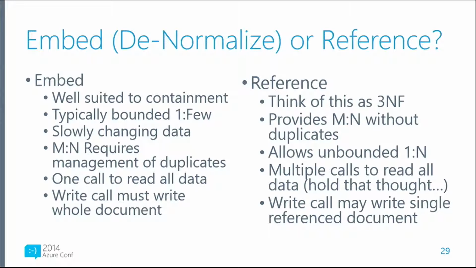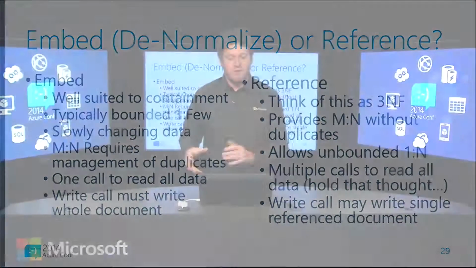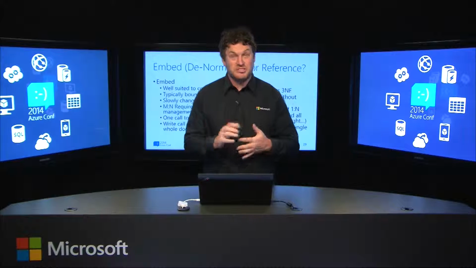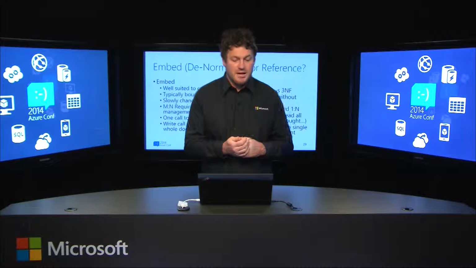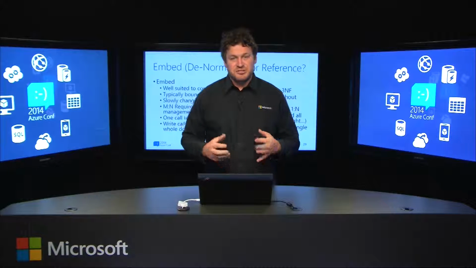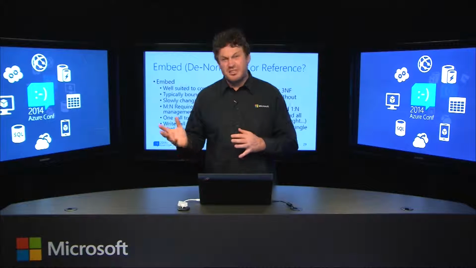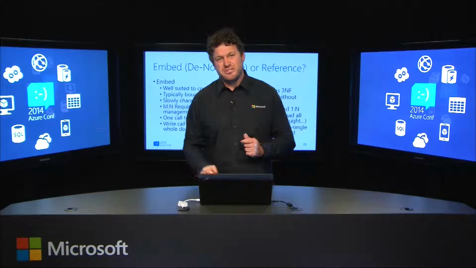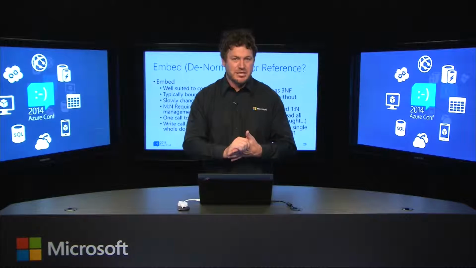So embedding is well suited to containment scenarios, right? Typically where we are dealing with one to a few pieces of associated information. Typically we were dealing with slowly changing data. So stuff that we're not updating all the time, and certainly stuff that we're not adding lots and lots of new entries to in a potentially unbounded fashion.